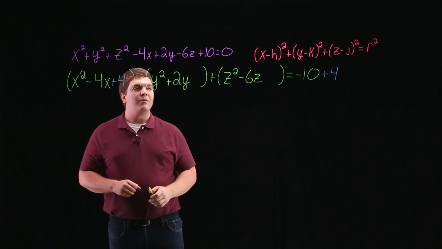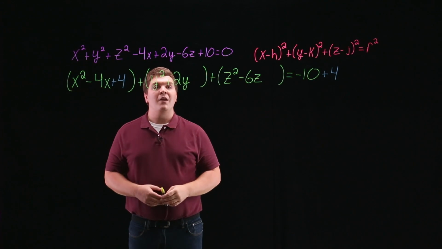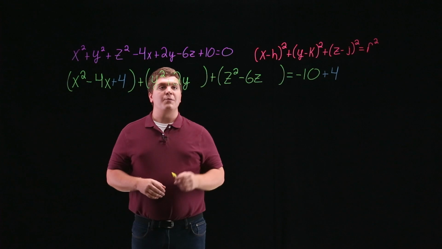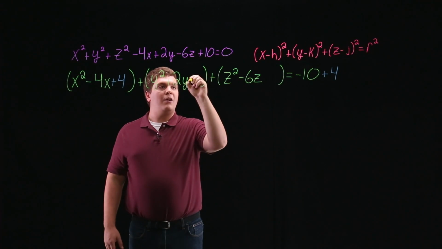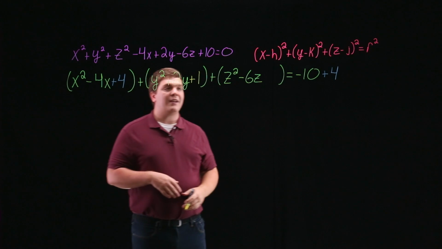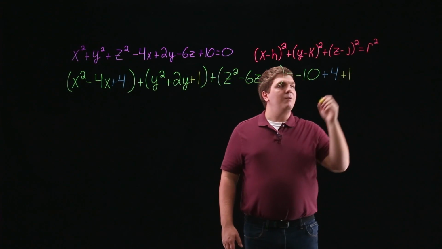Now looking at y squared plus 2y, our b term is 2. b divided by 2 is 1, and 1 squared is 1. So we add a 1 here to complete this square, and we add 1 to the right-hand side of the equation.